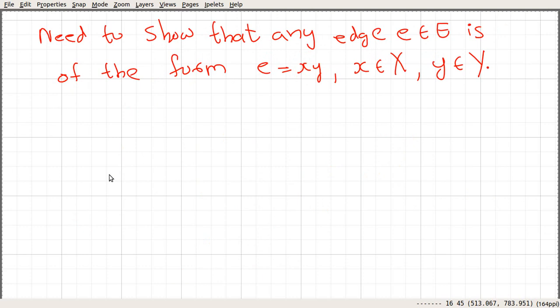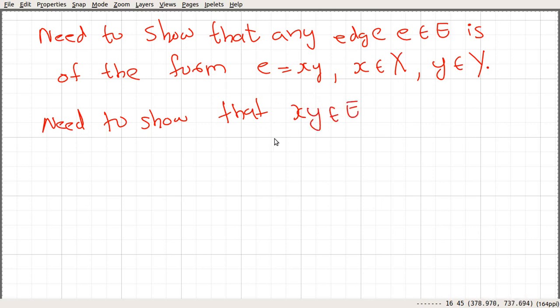Otherwise, we need to show that if xy element of E, then x comma y element of X, or x comma y element of Y, this kind of situation is not possible.